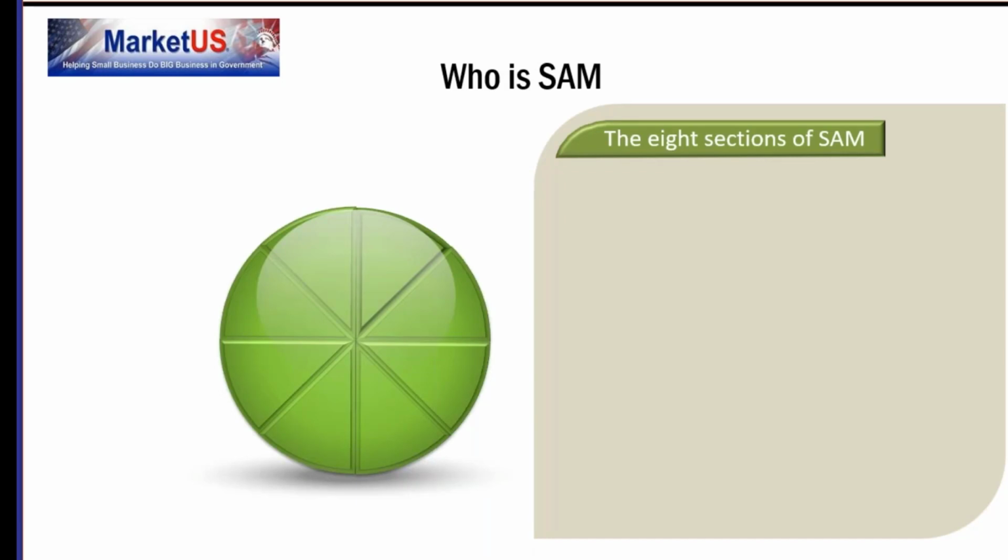Who is SAM? There's technically now 8 sections being rolled out, combined, consolidated into what will eventually become just sam.gov. Let's go through them. The first one, WDOL, Wage Determinations Online.